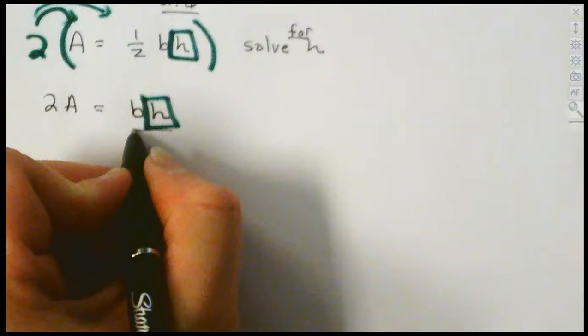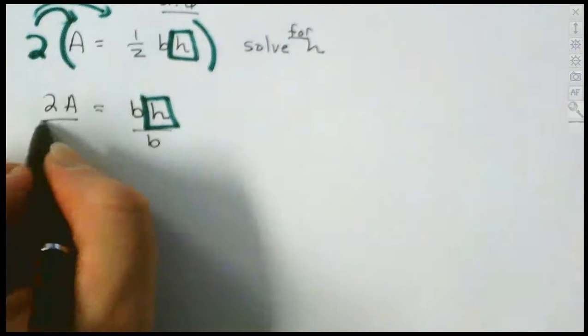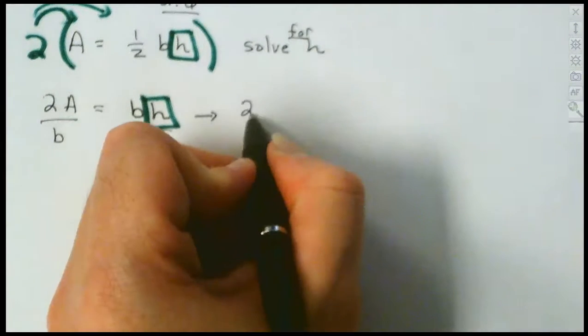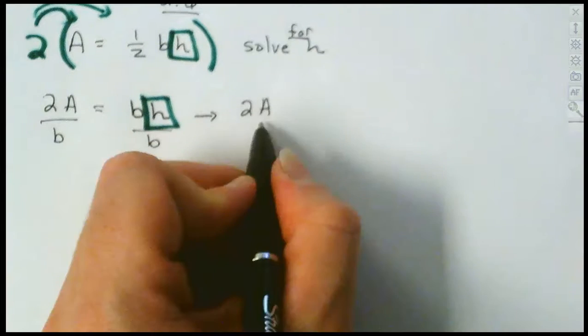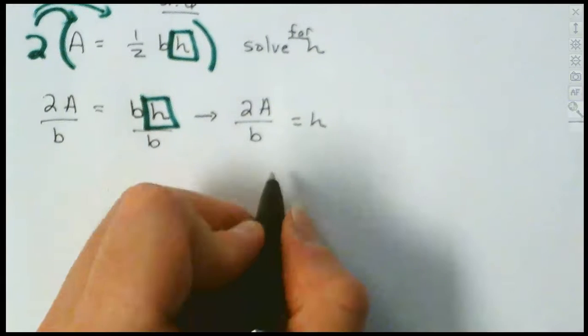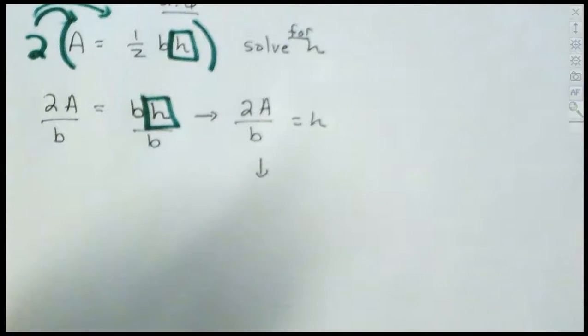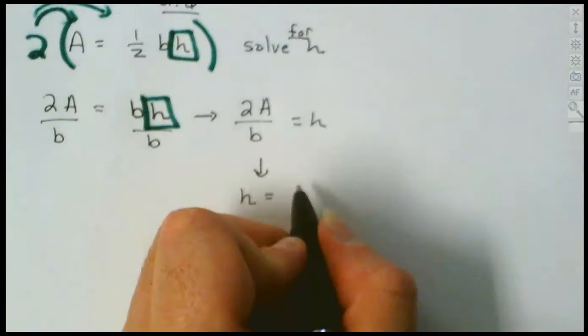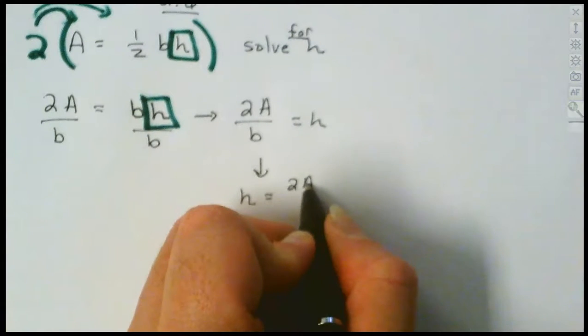So we'll divide both sides by that B. And that gives me then 2A over B equals H. We always like to switch it around so your variable that you want is on the left. So that gives you H equals now 2A over B.